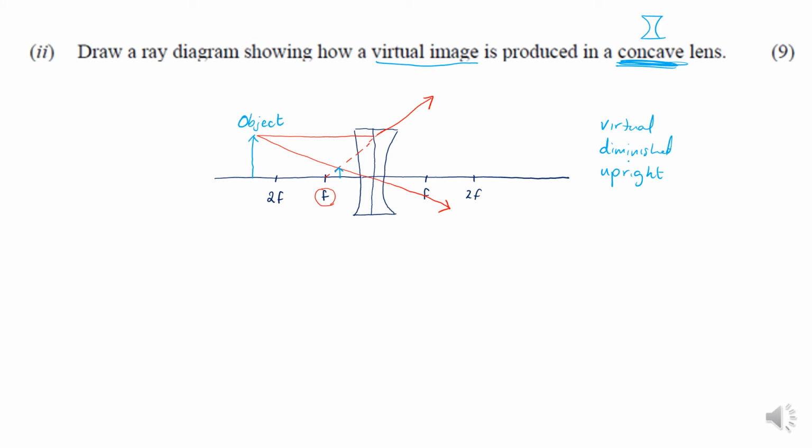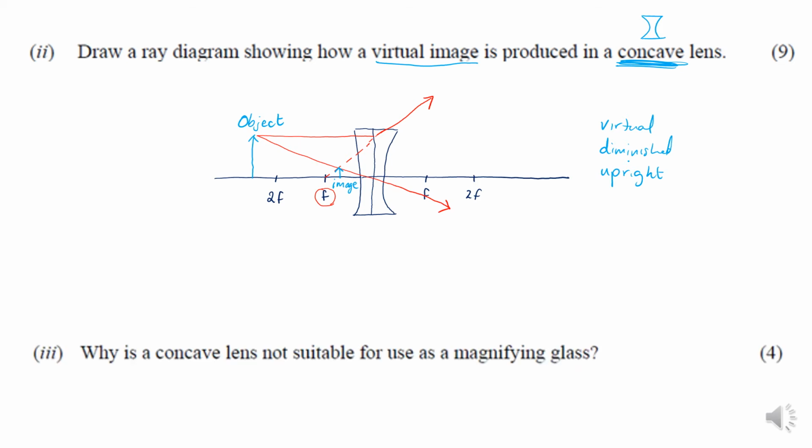Okay, I'm just going to label my diagram fully so the examiner knows that I know what's what, and that's my image. Now let's check the marks for that. Oh, we have another part to that question. Why is a concave lens not suitable for use as a magnifying glass?